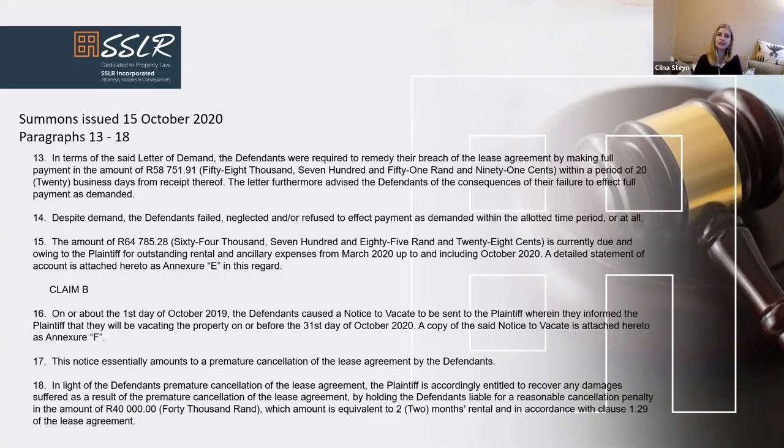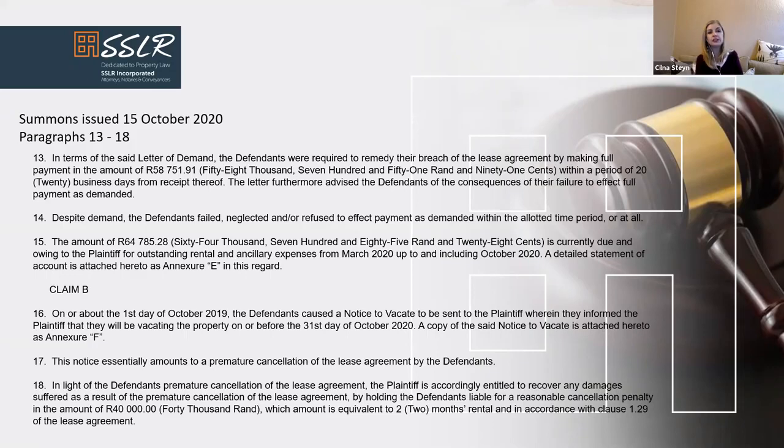So the particulars of claim is the document attached to the summons setting out your full claim. I've just given you paragraphs 13 to 18. And the important thing, the reason why I've done paragraphs 13 through to 15, is that is obviously our claim A. This is the arrear rental claim. The letter of demand was only issued for 58,000 Rand.